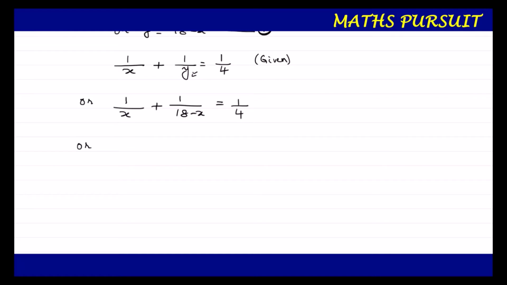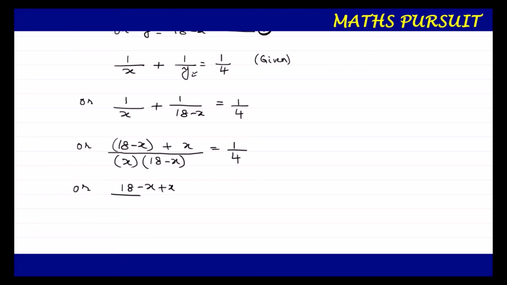So solving this with the LCM as x into 18 minus x, we will get 18 minus x plus x upon x into 18 minus x is equal to 1 upon 4. Or I can write 18 minus x plus x upon 18x minus x to the power 2 is equal to 1 upon 4.